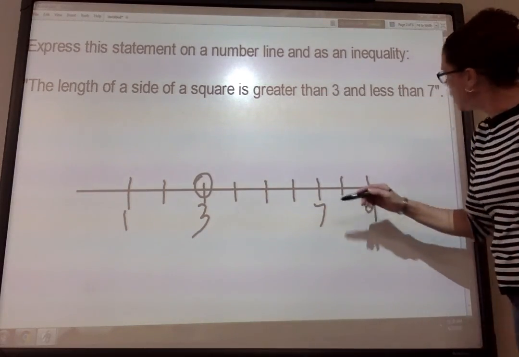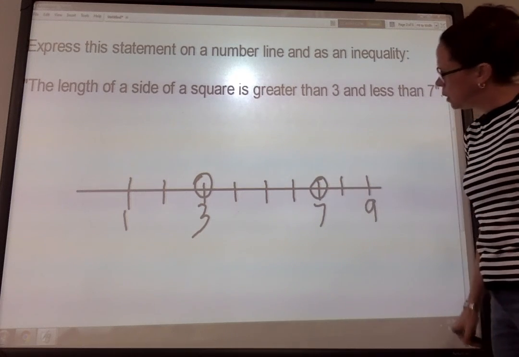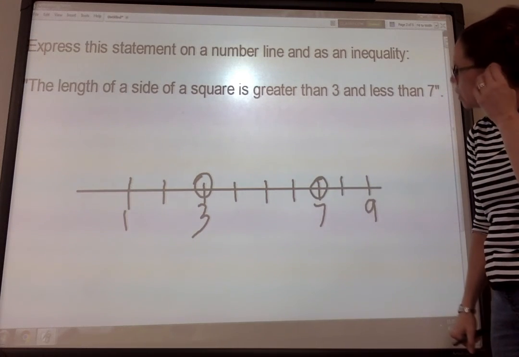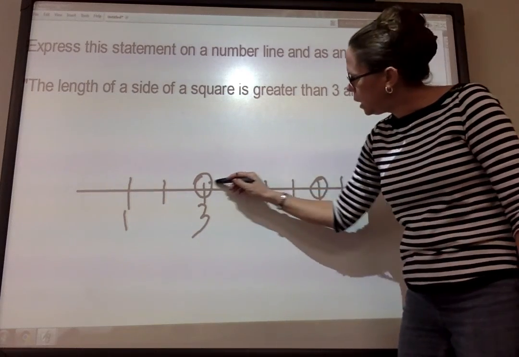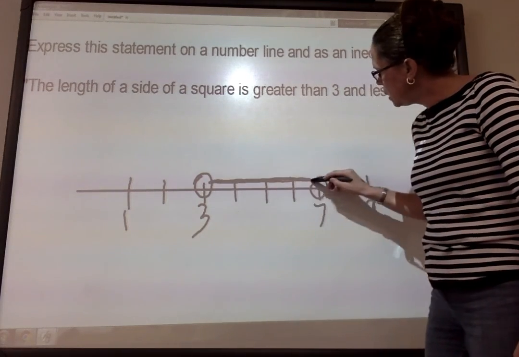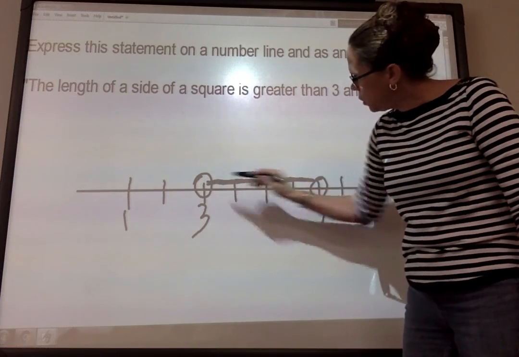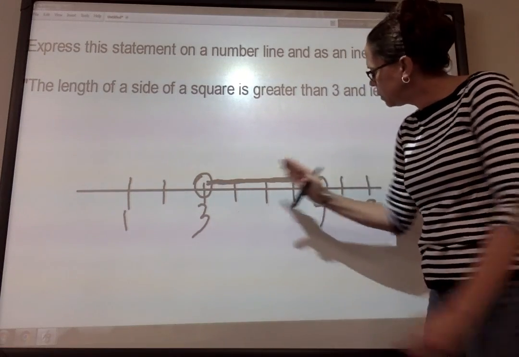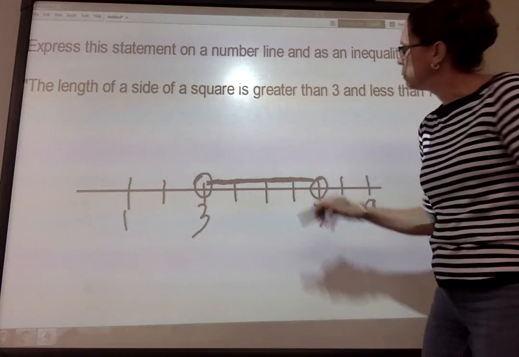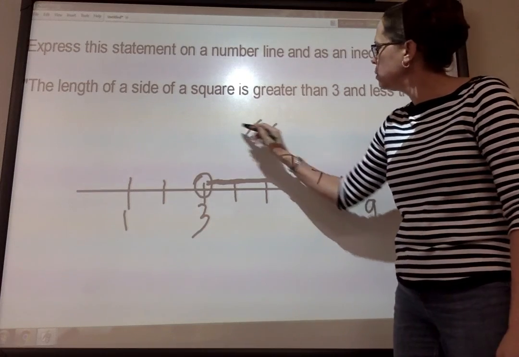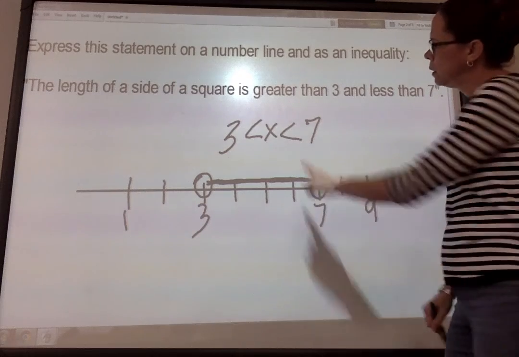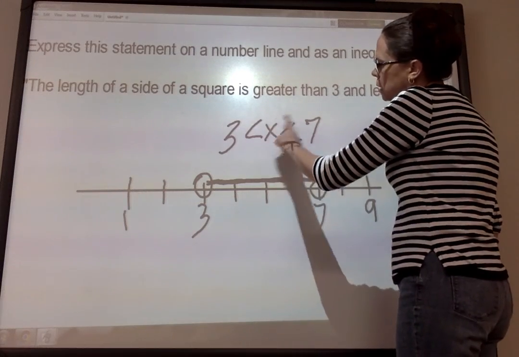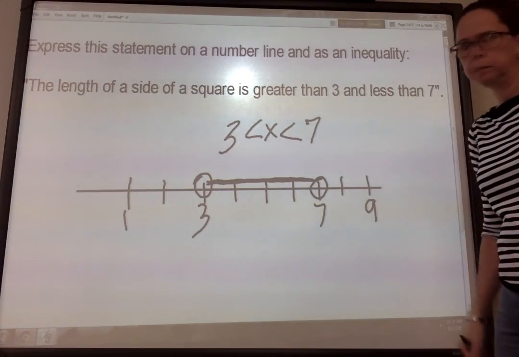Less than 7, so we do an open circle on 7, and we shade what's in between. These are included in the set greater than 3 and less than 7. So we say x is greater than 3 and x is less than 7.